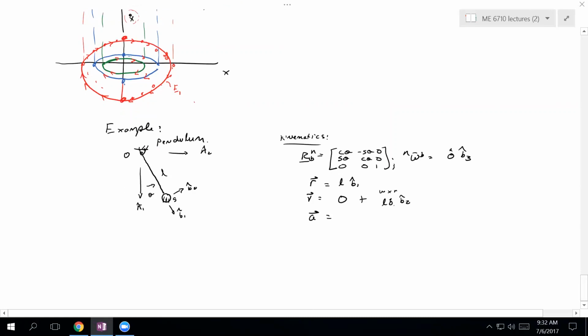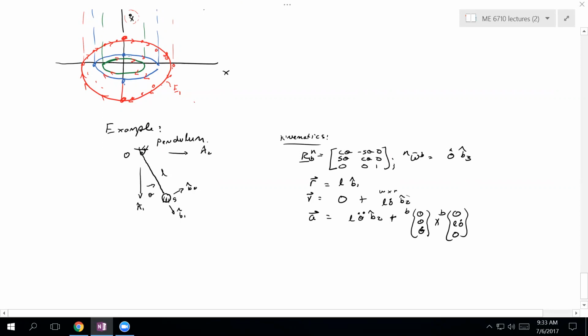My acceleration of the puck, I now need to take the derivative first in the B frame. So it's going to give me L theta double dot in the B2 plus the angular velocity B to N crossed with this term. I'll write that one out. It's 0, 0, theta dot crossed with 0, L theta dot, 0. These are both in the B frame.